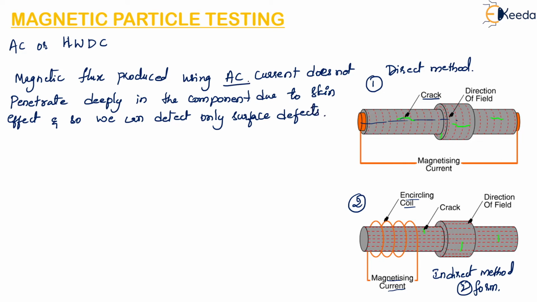So with the AC current, only surface defects can be detected.